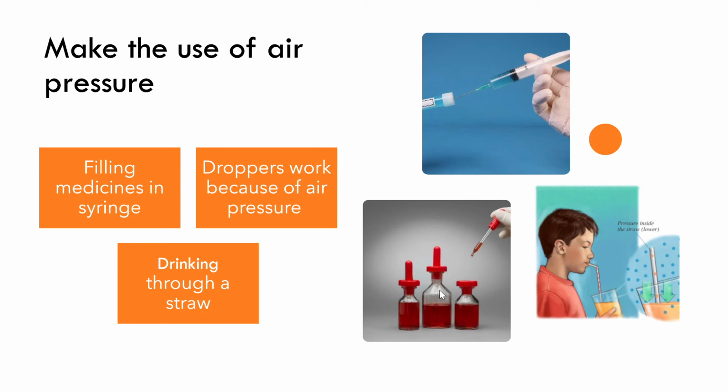Now when you release the bulb, you will notice that outside air pressure on the liquid forces it to move into the dropper. So at first you press this rubber bulb, air comes out, and then when you put it inside, the air pressure will allow the liquid or the medicine to get into the dropper.